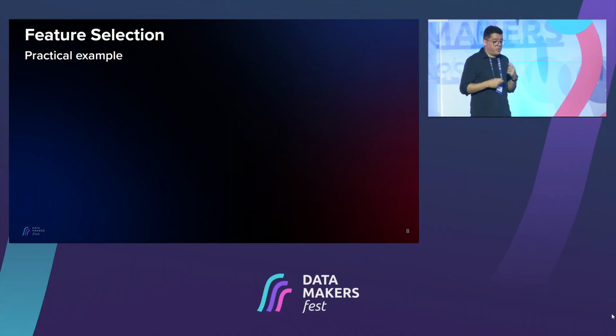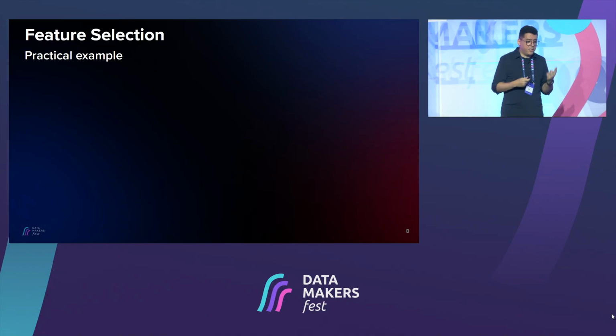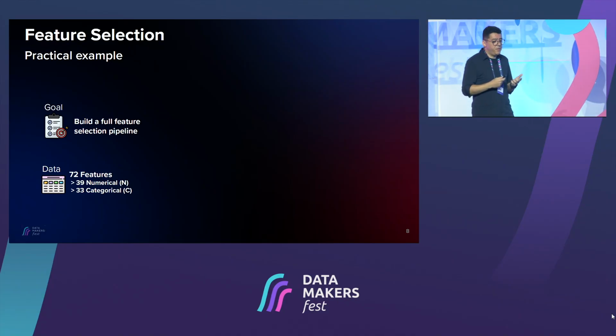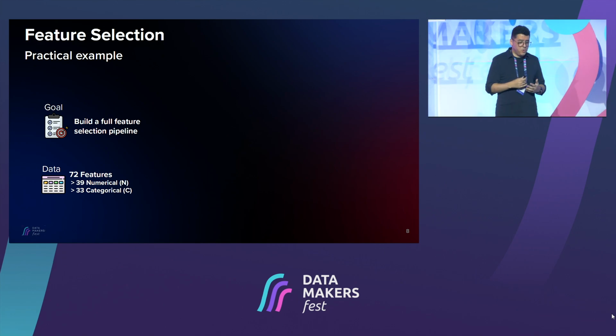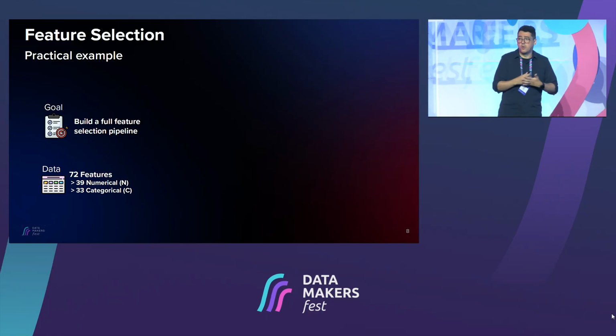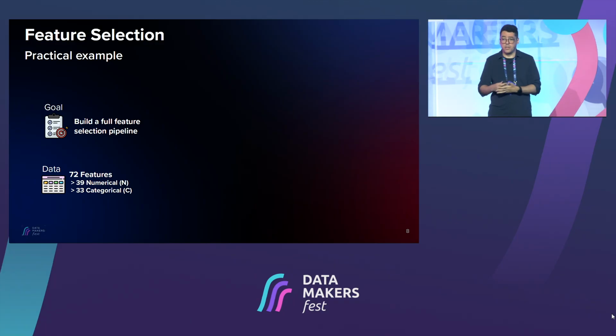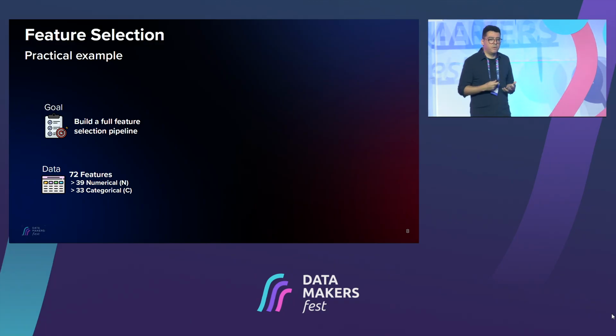Well, to make things more concrete, let's consider this practical example. So let's build a full feature selection pipeline using a real use case that we have at my company, with a data set that is composed of 72 features, 39 numerical features, and 33 categorical features. And as a good real use case, this data set is also quite imbalanced.